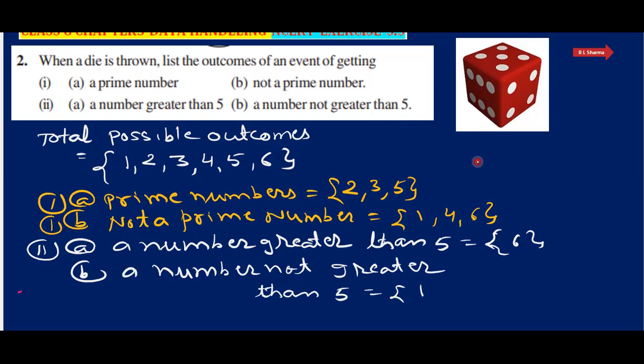That could be 1, that could be 2, that could be 3, that could be 4, and that could be 5. 5 भी हो सकता है, क्योंकि ये नहीं पूछा कि ये लेस देन 5, ये पूछा द नंबर शुड नॉट बी ग्रेटर देन 5. 5 से बड़ा नहीं होना चाहिए. So the possible outcomes are 1, 2, 3, 4 and 5. These are the answers of these questions. These are possible outcomes.